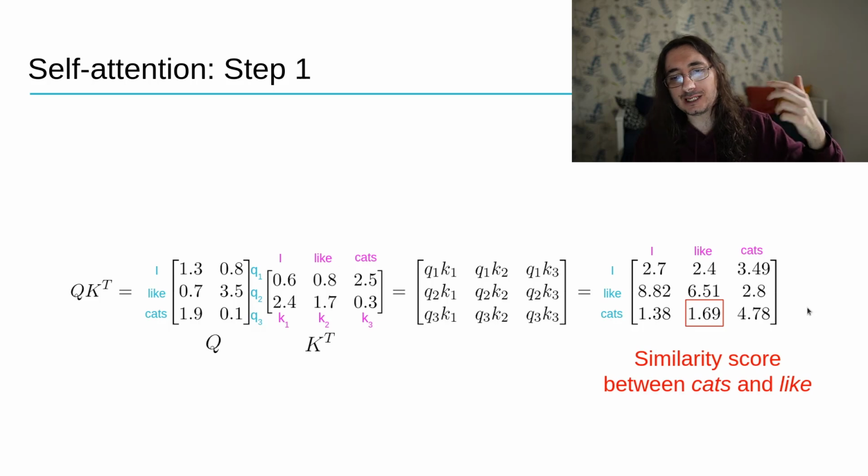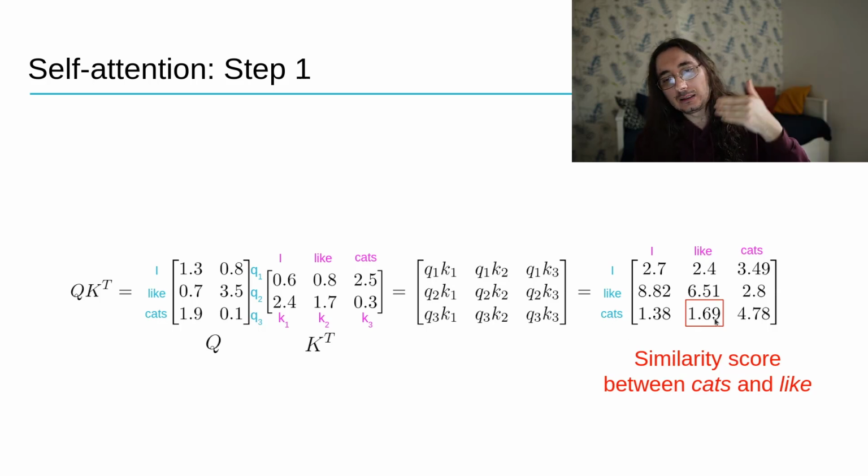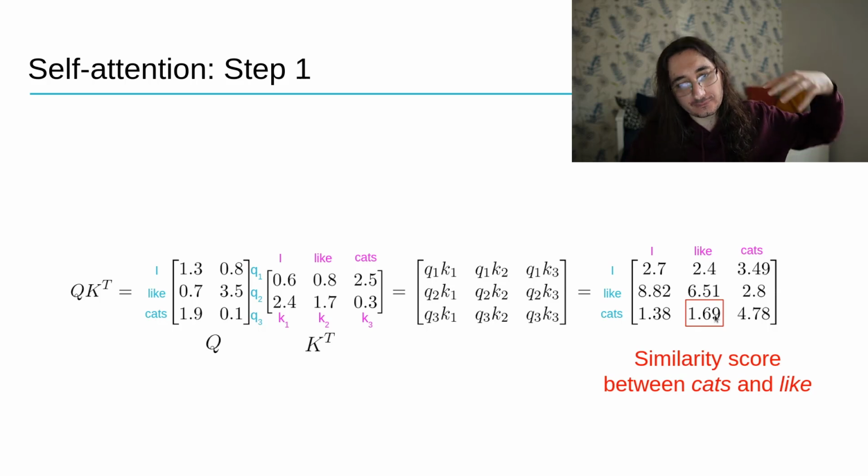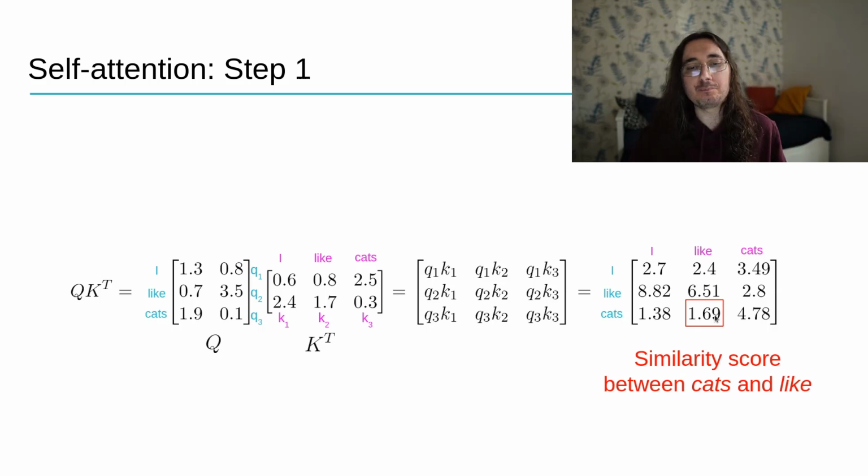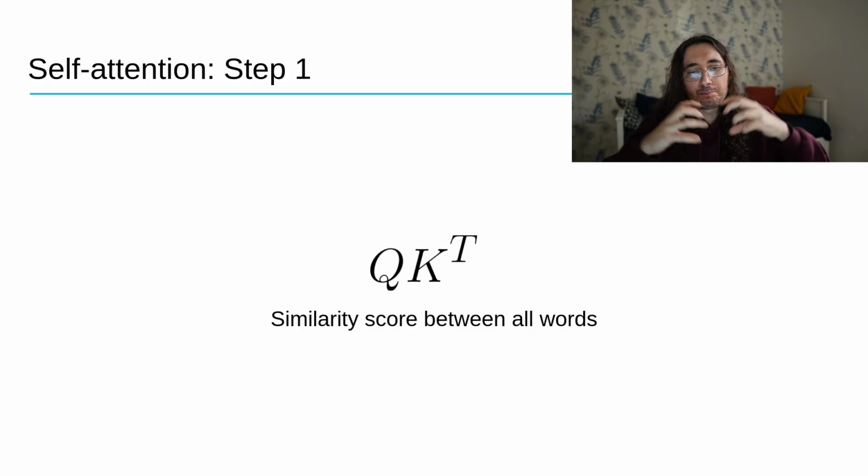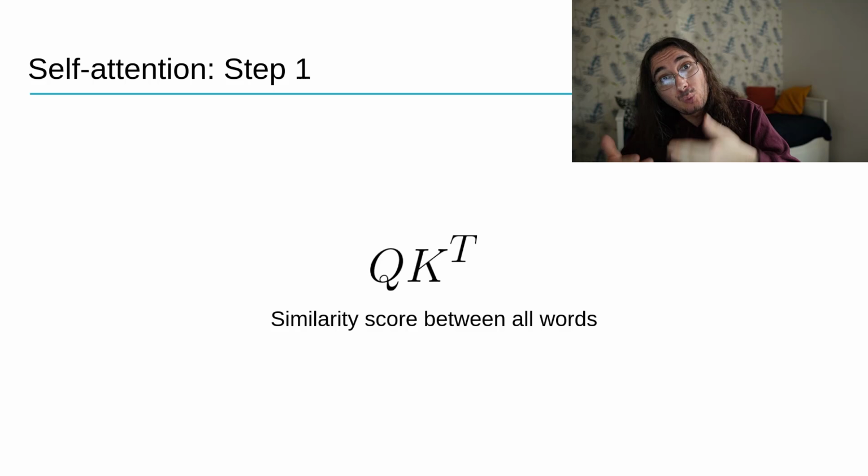And indeed, if we take this value here, for example, we could say this could be thought of as a similarity score between cats and like. If you abstract that for the entire matrix, you can think of this matrix as a sort of similarity score between all the words.